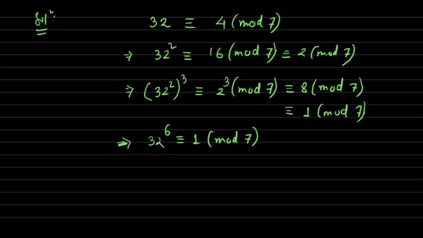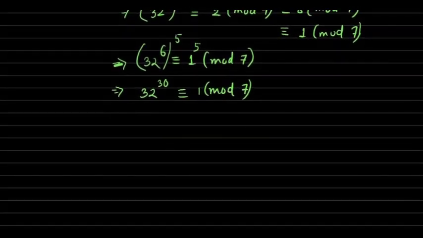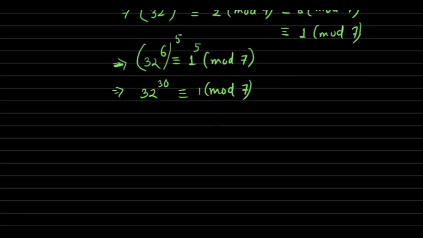Okay, but we need 32 to the power 32, so by sixth property we can put here 5. It will give me 32 to the power 30 is congruent to 1 mod 7.